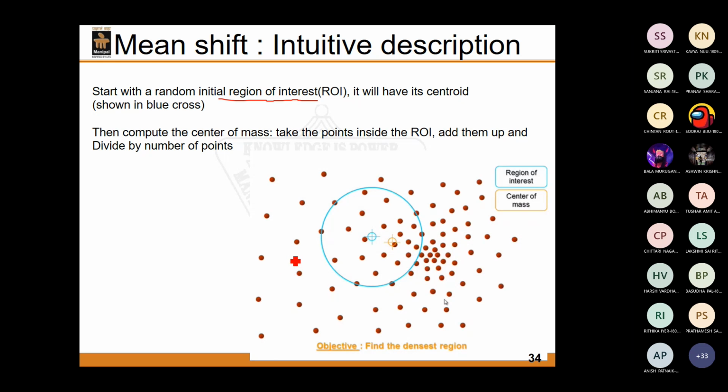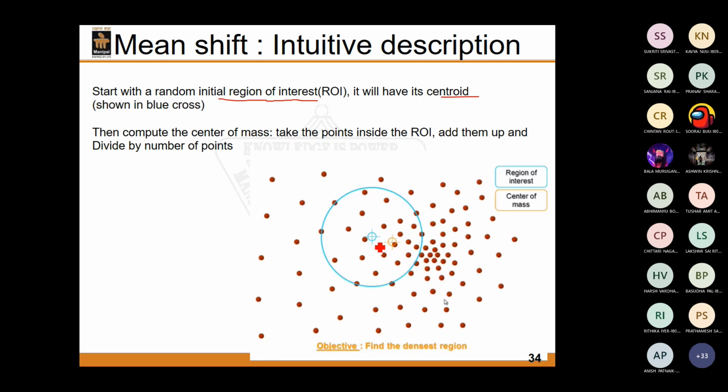Let's say the region of interest which I'm initializing is the one shown in blue. It could be anywhere within the whole data distribution. So the first step is we randomly select the region of interest, and then we identify its centroid, in the sense the center of the circle and the radius of the circle. Basically, we are more concerned with the center of the circle.